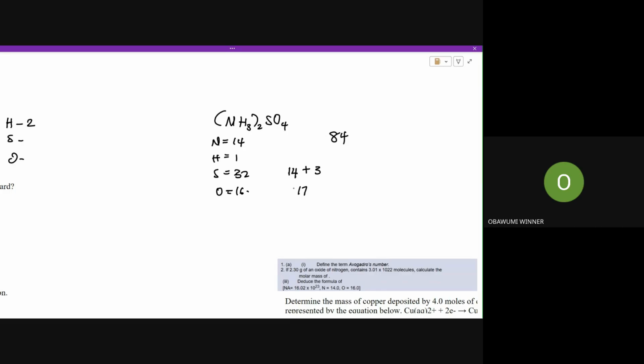So we focus on SO4. S has a molar mass of 32, and oxygen has 16. 16 times 4 gives us 64.